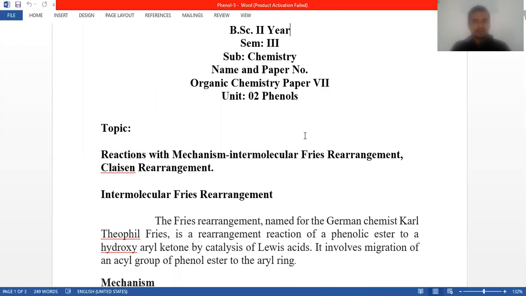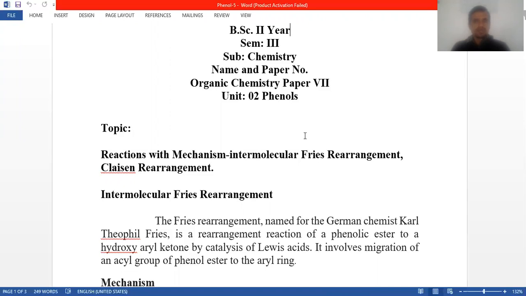So today we have to discuss two reactions with the mechanism. First is the intermolecular Fries rearrangement. Then second is the Claisen rearrangement.